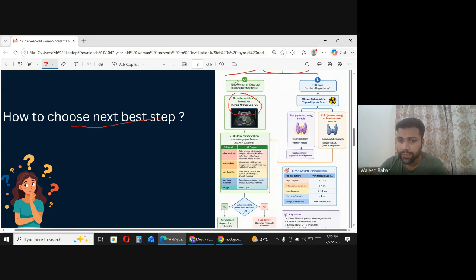If the TSH is normal or elevated, if the patient is euthyroid or hypothyroid, the next step is going to be thyroid ultrasound. On the other hand, if the TSH is low, if the patient is hyperthyroid, then we are going to perform a radionuclide thyroid uptake scan. This scan is going to differentiate whether the nodule is hot or cold.